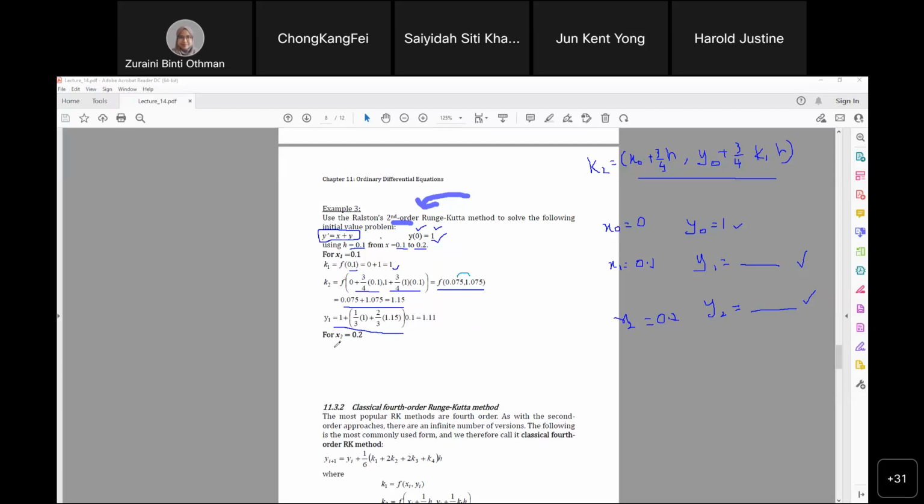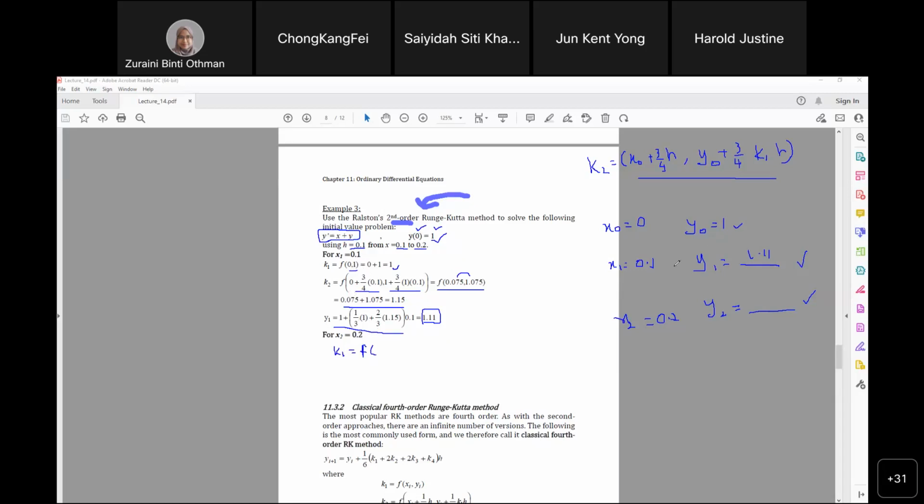Okay, so now here, after we get this, this is the value of Y1 that we want to find. Okay, it is 1.11 and repeat the step again. In order to get Y2 here, we have to find K1, which is F(X1, Y1).